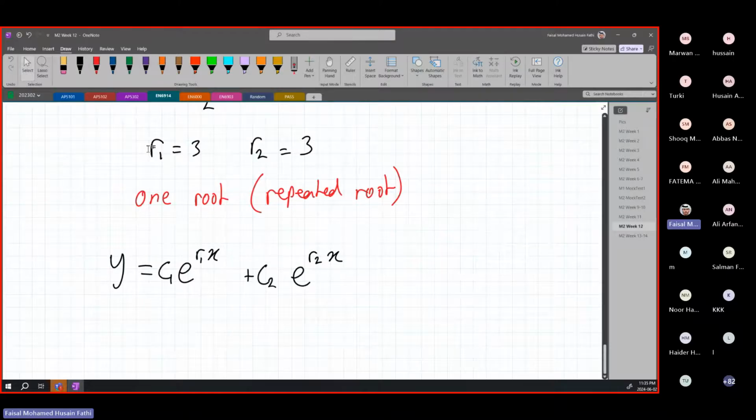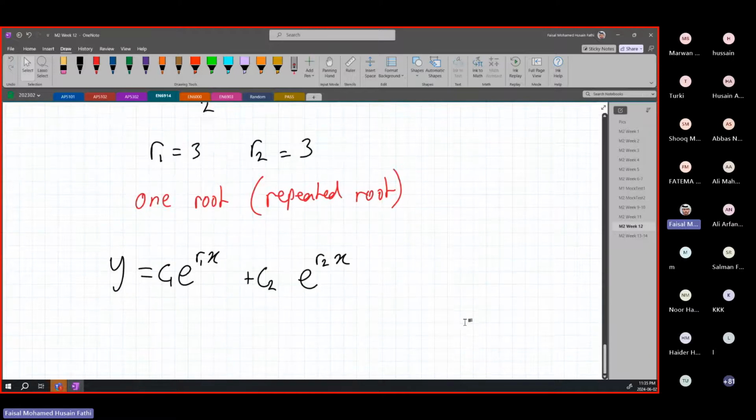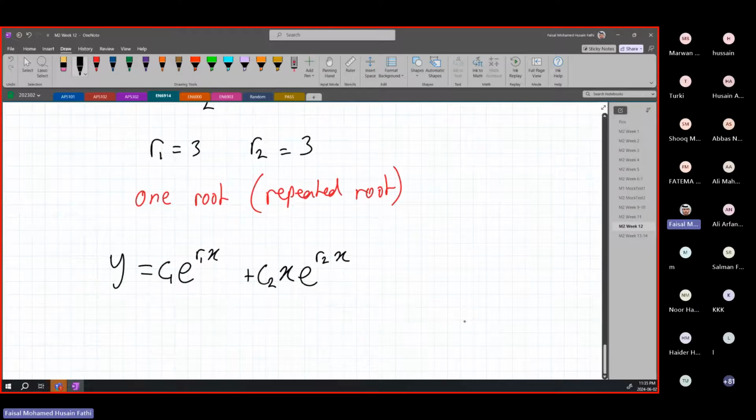But if you notice, r1 and r2 are equal in this case, meaning that these two are the exact same solution. And that is not possible, there's no point in finding a solution like that, because in the repeated root case, we will have to add an extra x here for each repeated root.